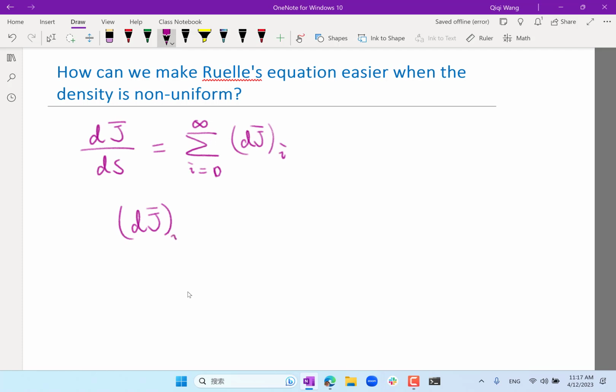The ith term is an integration over the whole phase space of the derivative of a future objective function, times the derivative of the perturbation, the derivative of this map evaluated at x, and then integrated over the whole space.